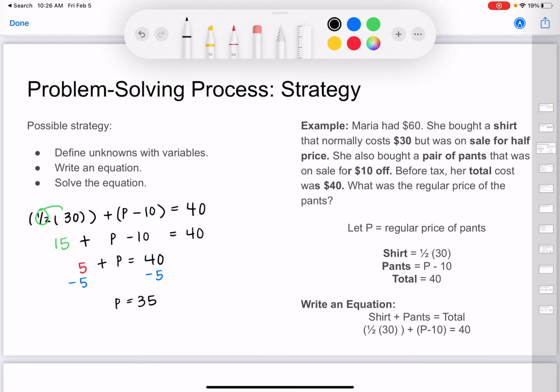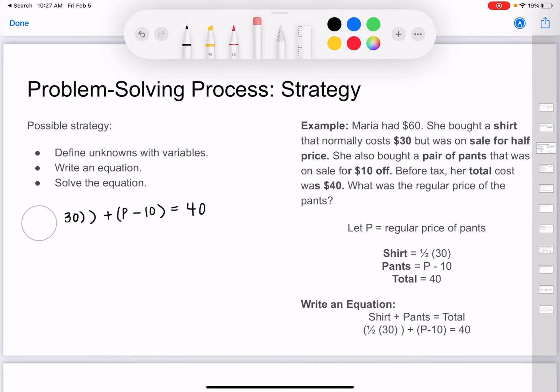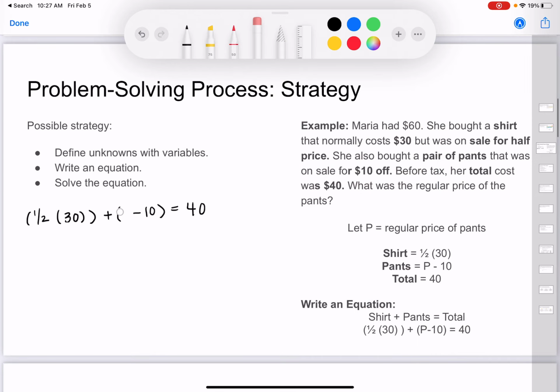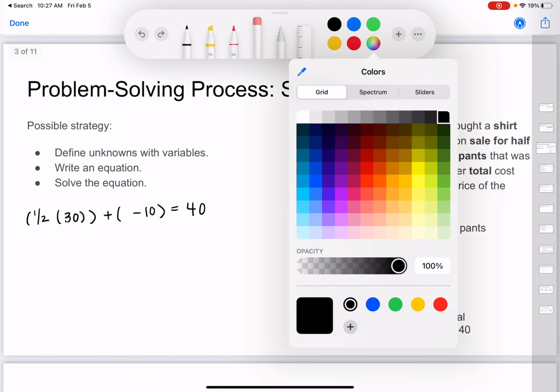Now if I want to go ahead and check this, what I can do is plug it back into our original equation and see if it fits. So I'm going to plug 35 back into the original equation, which would mean putting 35 right here. Oops, sorry.